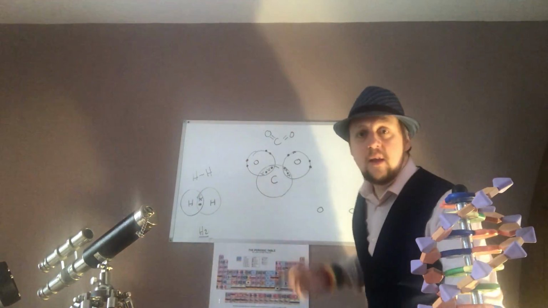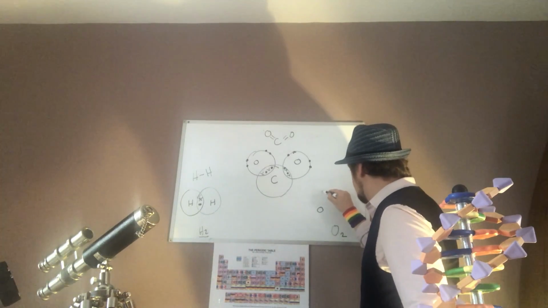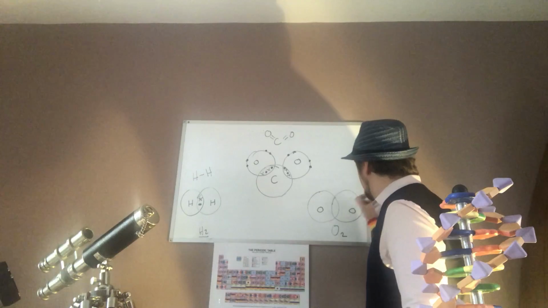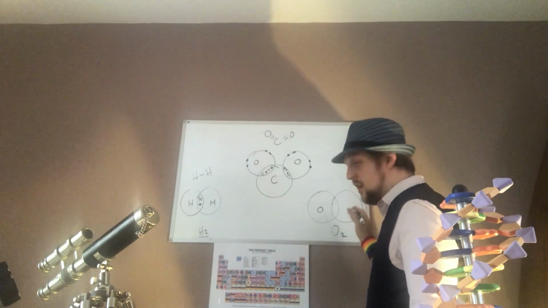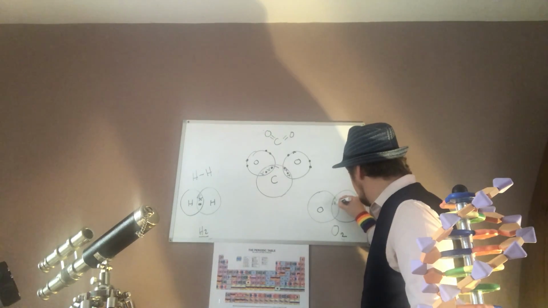Last one, again, is just a molecule of oxygen this time. Already said oxygen has 6 electrons in its outer shell. So it has 6 in its outer shell, okay? It needs to share 2.